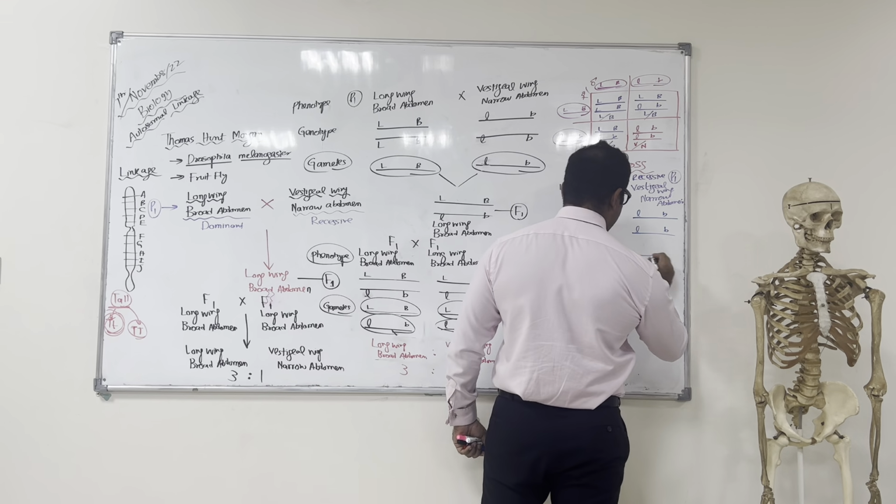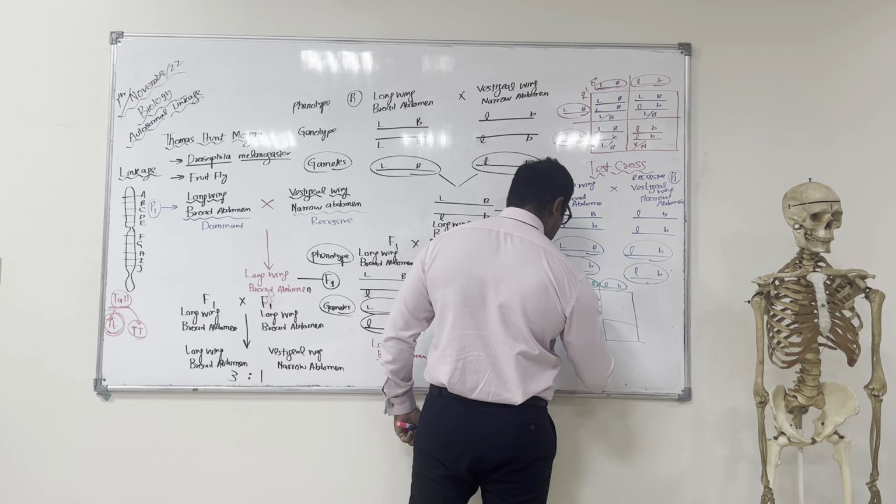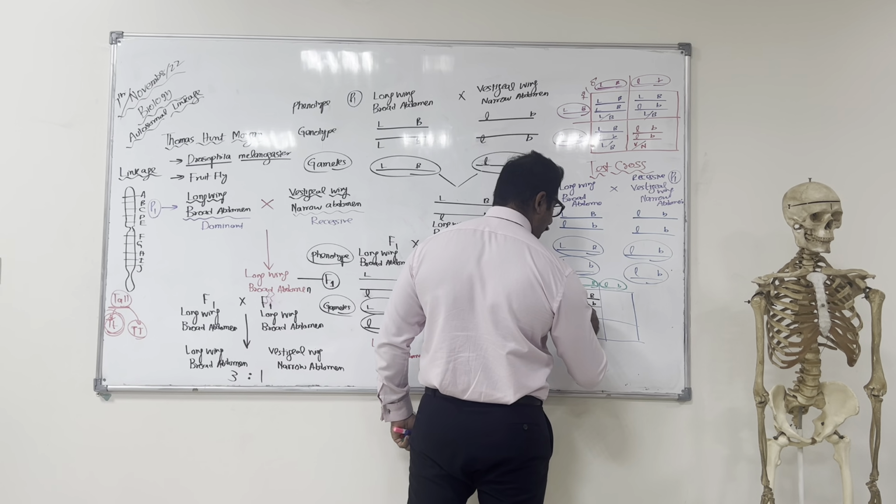This one joins with this one, it will become capital L, capital B, small l, small b, long wing and broad abdomen. This one joins with this one, it will become small l, small b, small l, small b, vestigial wing, narrow body.